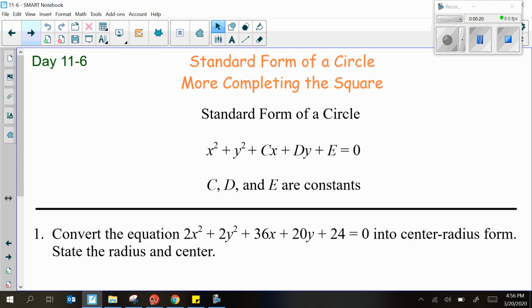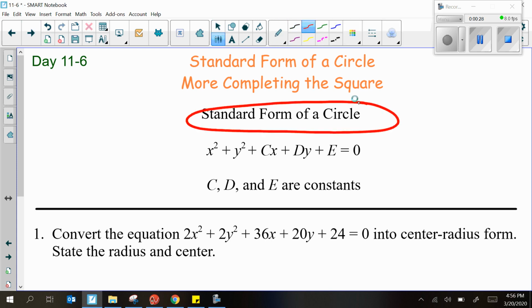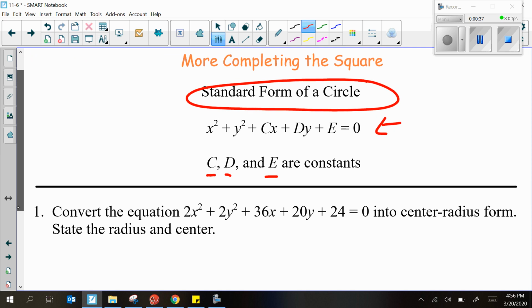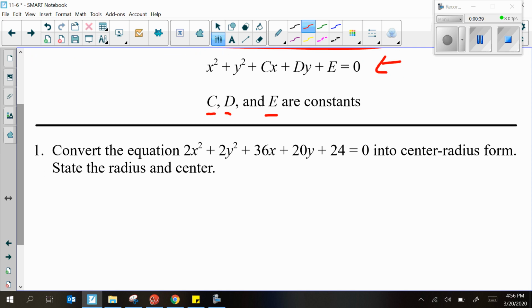Okay, so we're going to do more standard form of the circle and completing the square. I mentioned last lesson that the standard form of the circle looks like this. And as you saw, C, D, and E are just constants. So we're going to practice some more converting standard form into, say, center radius form. Remember, we're going to gather our x's and gather our y's and throw the constant on the other side.